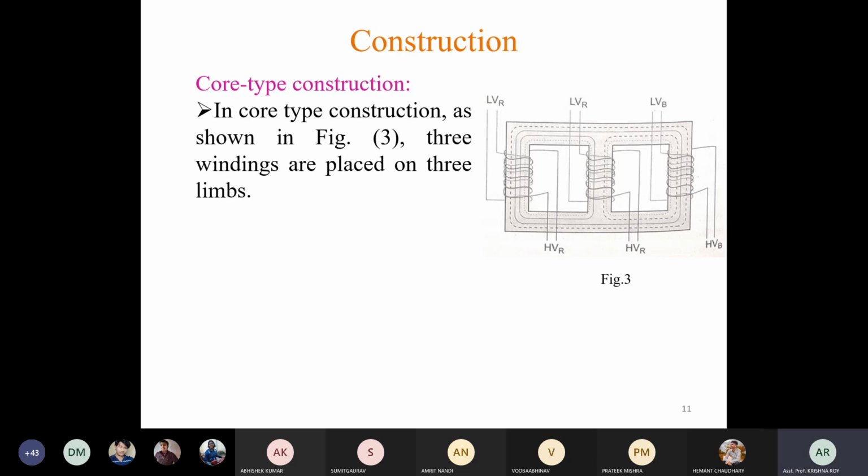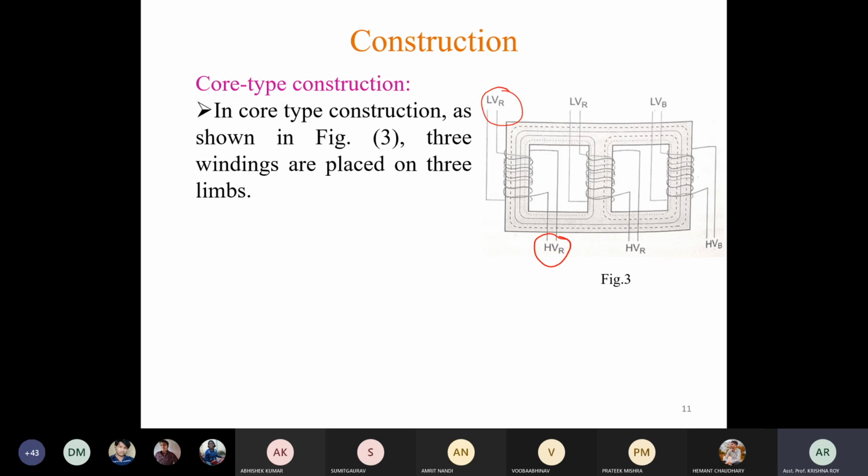So here the 3 windings, or actually 6 coils, are placed on 3 limbs. Limb 1, you can see first the low voltage winding is placed, then over that low voltage winding the high voltage winding is placed. So this is for R phase, first low voltage winding, then high voltage of phase R is placed over that low voltage winding.